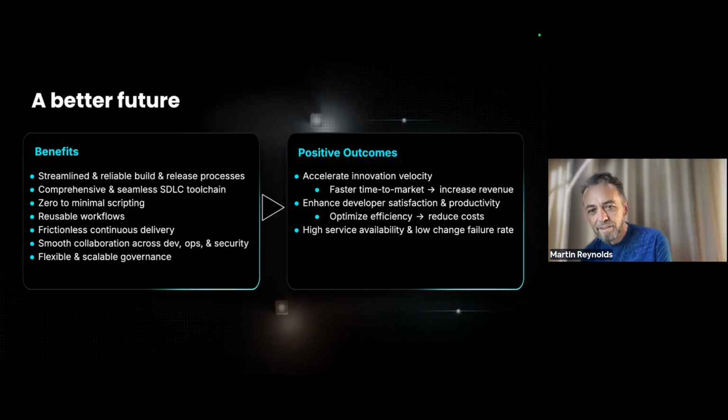Actually, because you have a repeatable, reliable process that does all the right testing along the way and ensures that testing is done, that means that what we tend to see is higher service availability, and we see a much lower change failure rate, right?